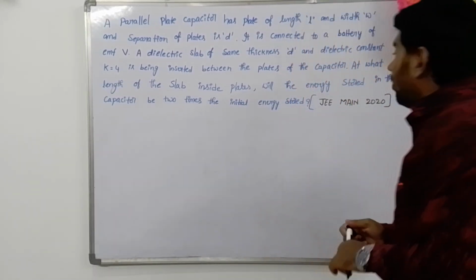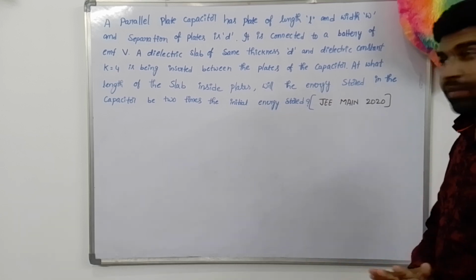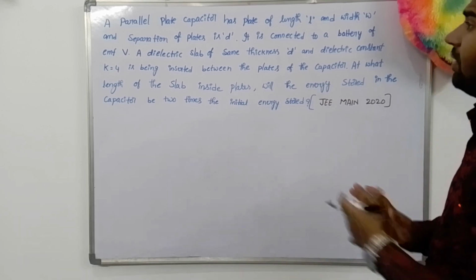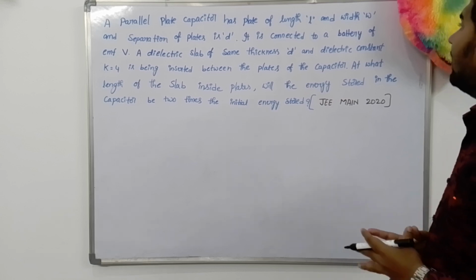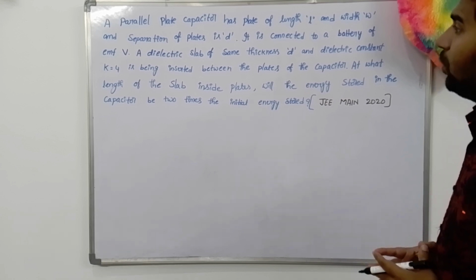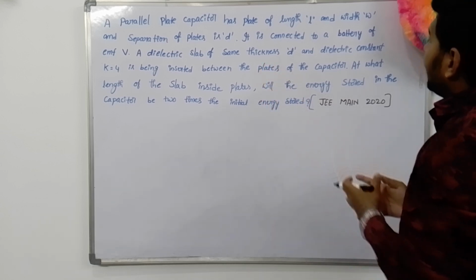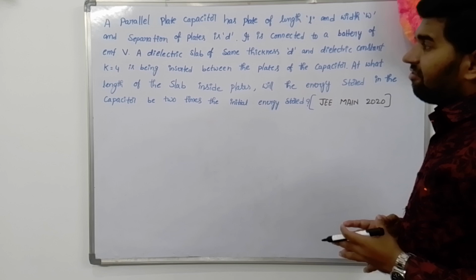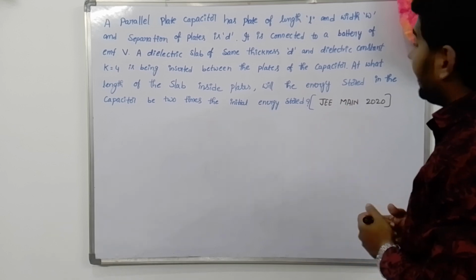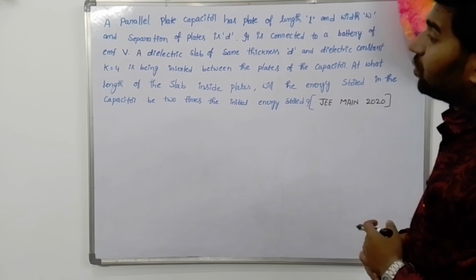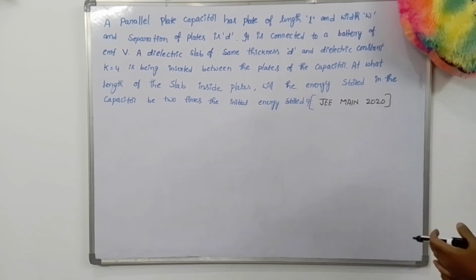Today we are going to solve one more previous year question from the capacitor concept. Here, let's solve the problem. A parallel plate capacitor has plates of length L and width W, and the separation of the plates is D. It is connected to a battery of EMF V. A dielectric slab of the same thickness D and dielectric constant K equal to 4 is being inserted between the plates of the capacitor.